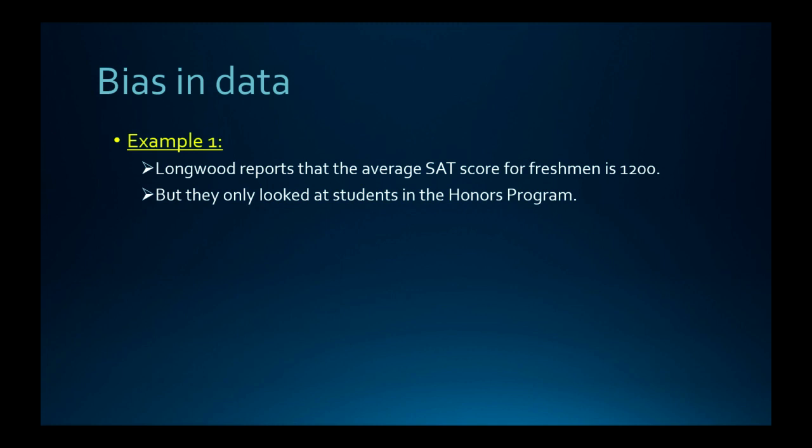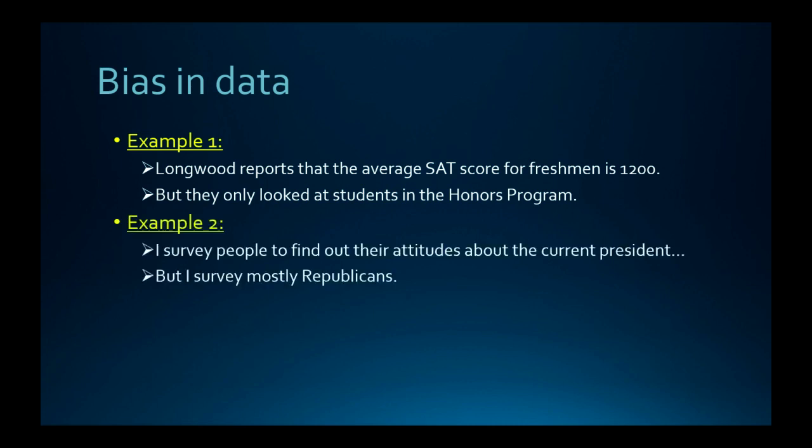What if they said, hey, let's just grab those honor students because that data is available. It's sitting here on my desk. I'm going to quickly just calculate the SAT. Oh, it's 1200. Well, obviously, we all know that's probably not going to be an accurate representation of the average student. So what that has done is manipulated the data in a way to make Longwood look different. That would be selection bias.